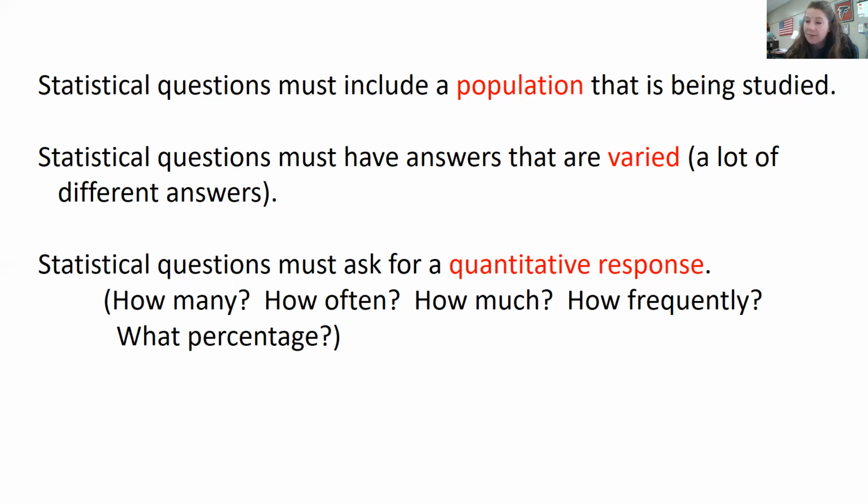I could ask families from Davis Middle School, how many times a month does your family order pizza? That's a statistical question. Good beginning words for questions are how many, how often, how much, how frequently, what percentage. Those are good ways to start statistical questions.